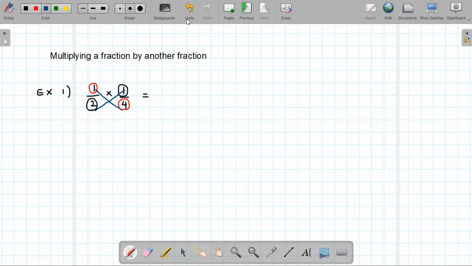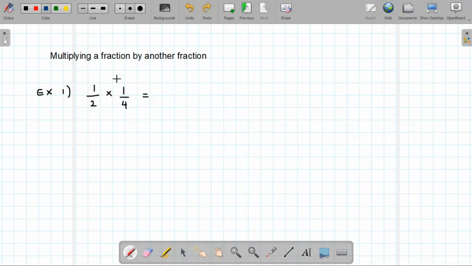But here, as you can see, there are no common factors other than 1. If I consider these two, the only common factor we can have is 1. If I consider these two, the only common factor that I can have is 1. So no need of cutting common factor 1.